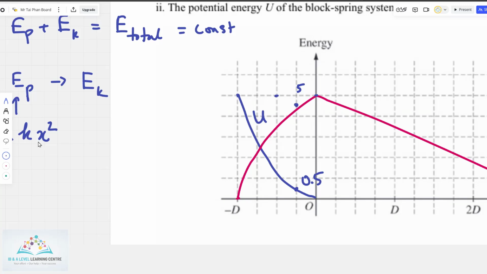So let me redraw the kinetic, so that the sum is the constant, the total energy. Okay, 1.2 and 3.8 is here. Here 2.5 and 2.5, so that the sum is 5. Here 0.5 and 4.5, so that the sum is 5.